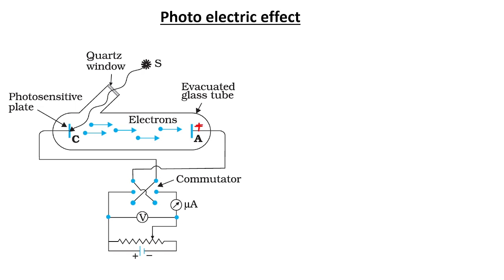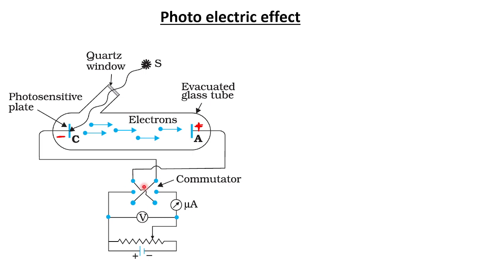The positive terminal of the battery is connected to A, and the negative terminal of the battery is connected to C.